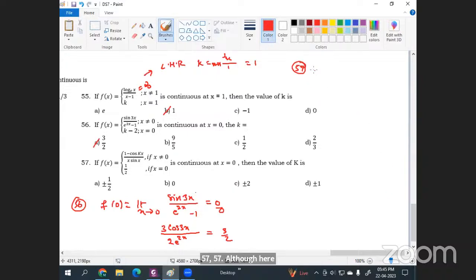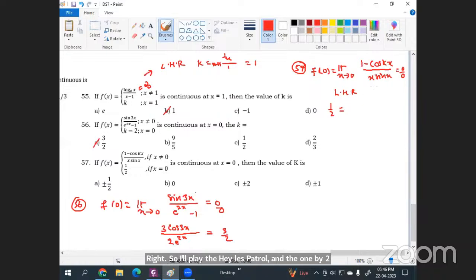57. f of 0 equal to limit x tends to 0, 1 minus cos kx by x sin x. I am getting the 0 by 0 form, right? So apply the L'Hopital rule, or you can apply our standard limit also.